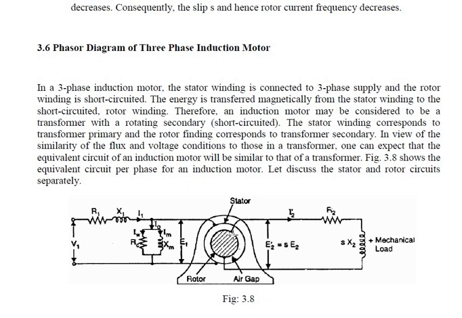So some loss will occur in the air gap. Due to this E2 dash, the rotor current I2 dash will flow in the rotor circuit, and the rotor circuit mainly consists of rotor resistance R2 and rotor reactance SX2, and this is due to the mechanical loading condition.